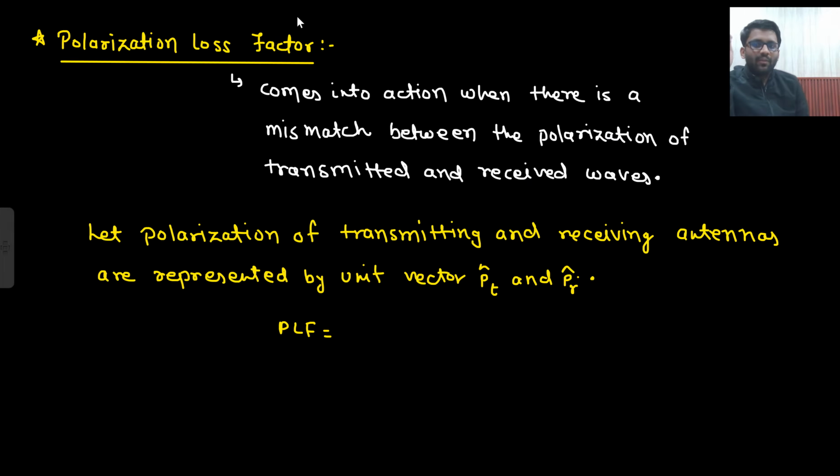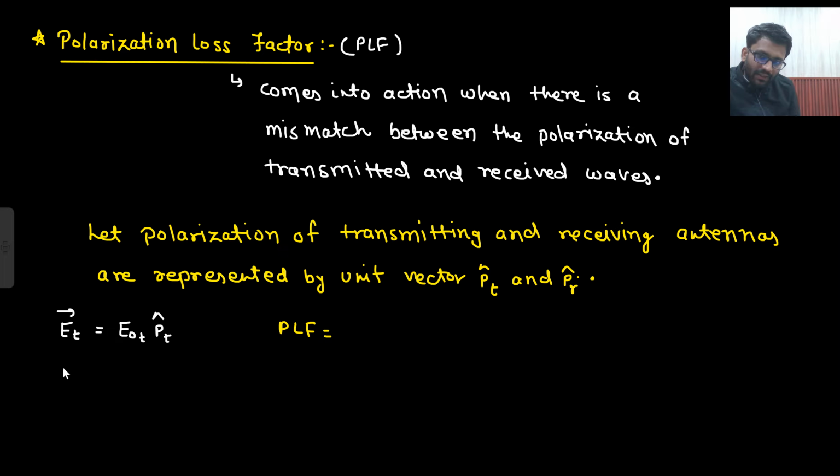So what I have written is polarization loss factor, PLF. It will come into action when there is a mismatch between the polarization of the transmitted wave and the received wave. Is that fine? Now what I am saying is that my transmitting and receiving antennas have polarization in PT direction and PR direction. What I mean to say is that my transmitted electric field will have some magnitude and it is dancing in PT direction.